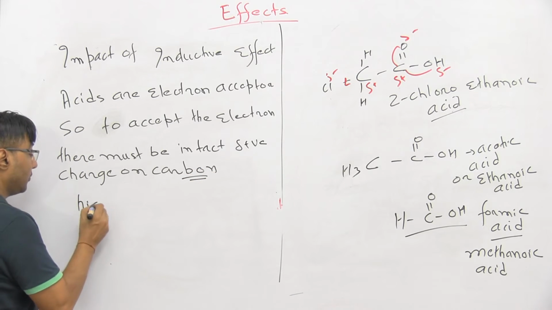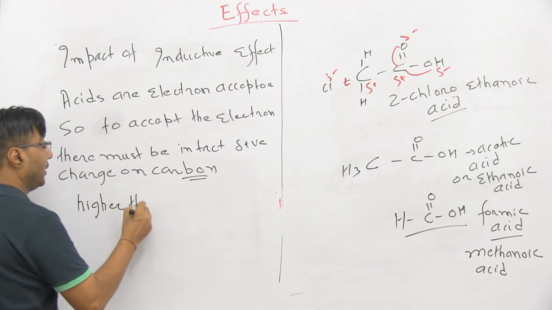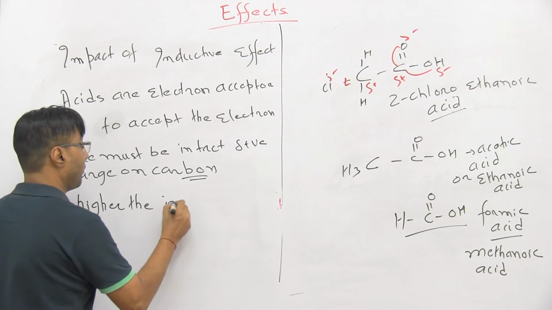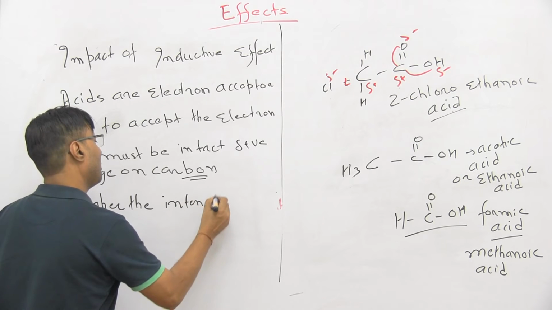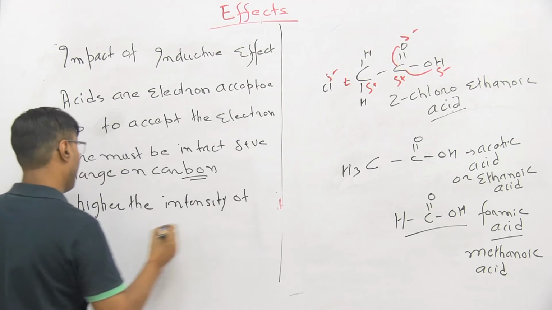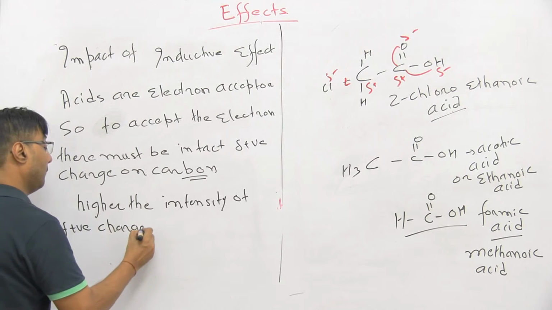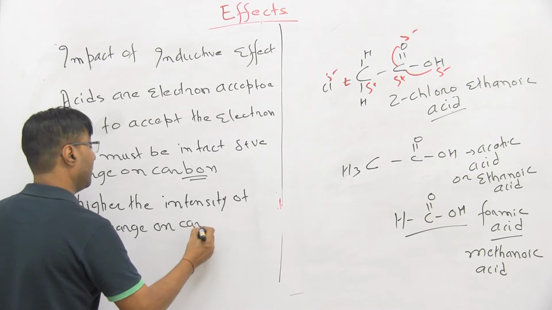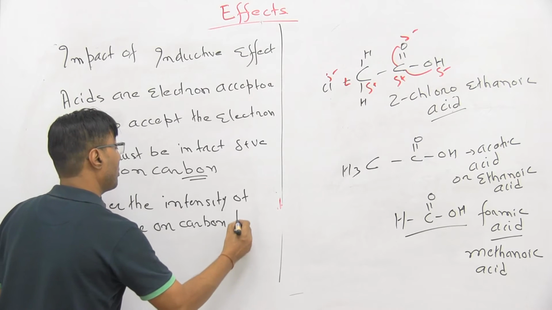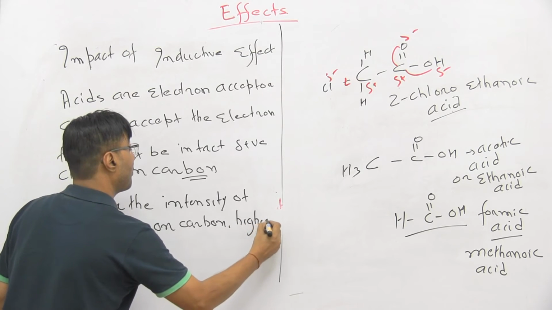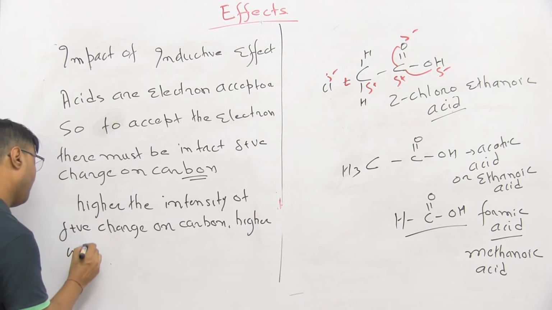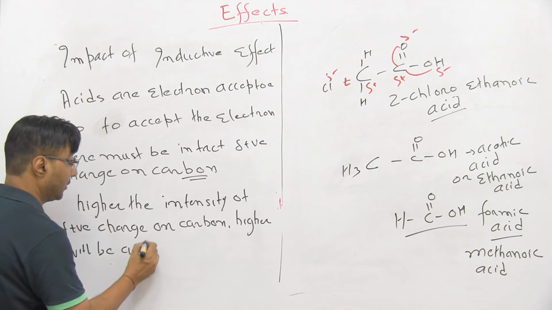Higher the intensity of delta positive charge on carbon, higher will be the acidic strength.